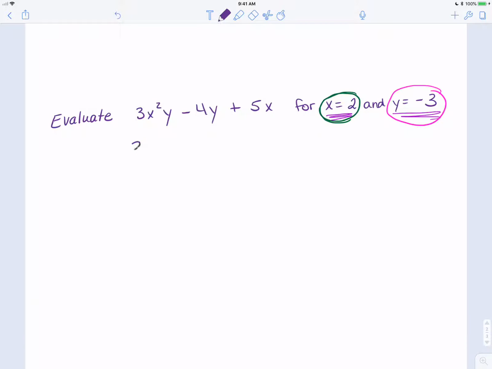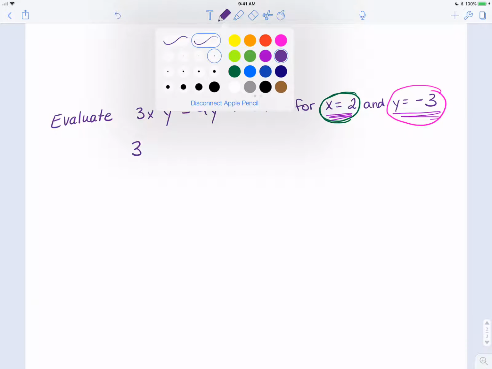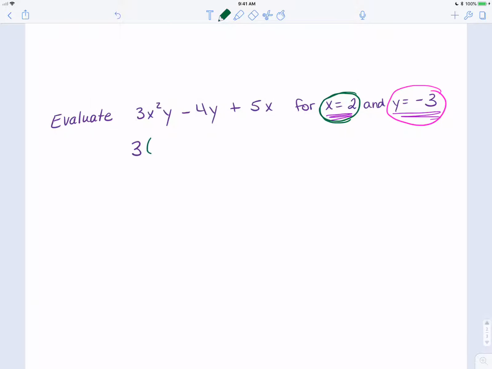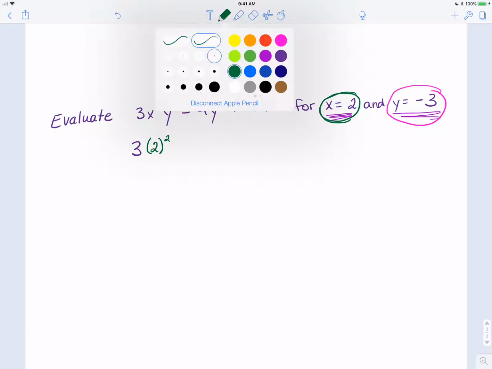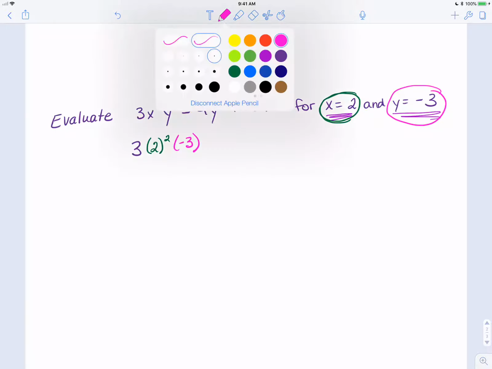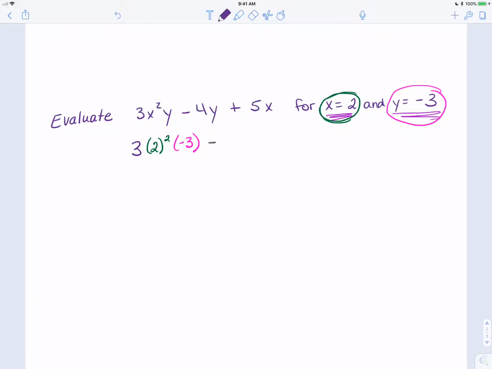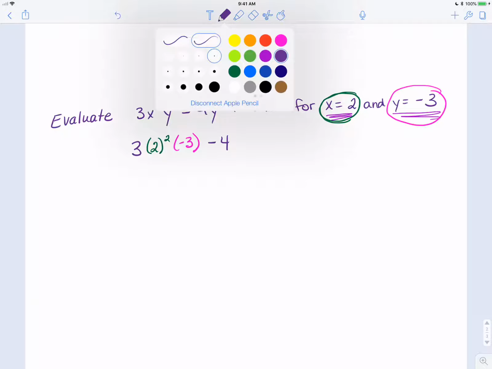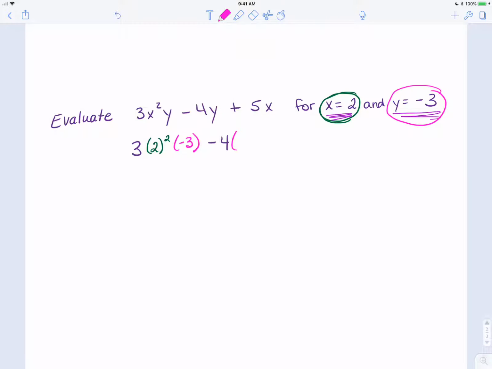Okay, so we've got the 3. Then we're going to take our x, and that is 2, and we're going to square that, and then that is times y, which is now negative 3. Minus 4 times y, which is negative 3, plus 5 times x, which is 2.